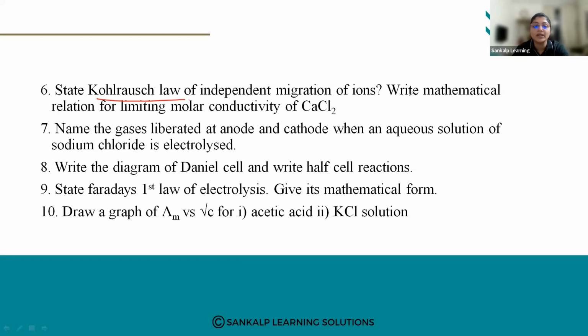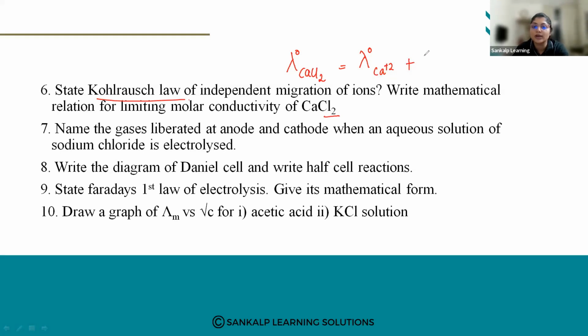And what is the mathematical relation for limiting molar conductivity of calcium chloride? It is given as lambda naught of CaCl2 equals lambda naught of calcium plus 2 lambda naught of Cl minus.